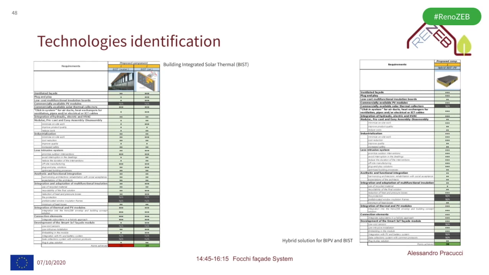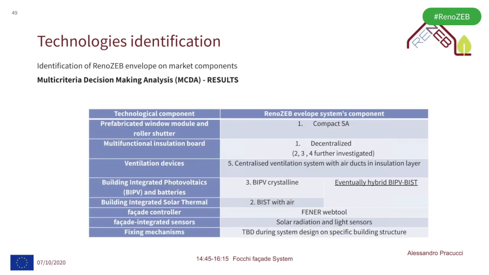Let's say that this matrix has been useful not for a quantitative validation of the technologies, but for a qualitative assessment. Thanks to this process, we have defined what type of technology would fit better with our expectations, and so for building integrated solar thermal and mixed solutions. This is the final result of this first step.